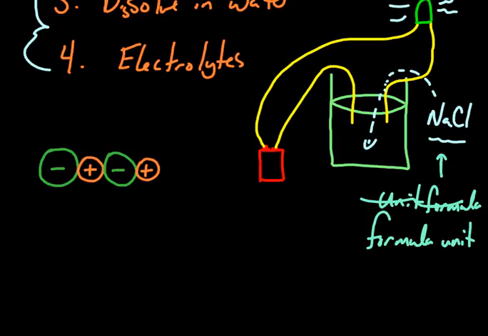In other words, these ions are attracted to one another in such a way that they build up from very small to very large in a very regular pattern. You can imagine if this goes on billions and billions of times, you're going to get a pretty regular shape building up.